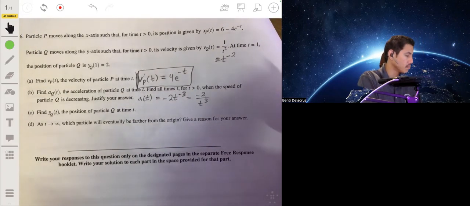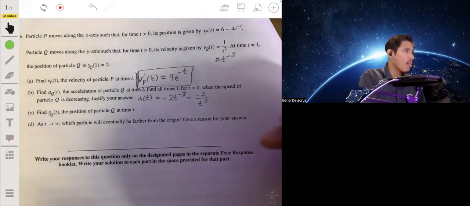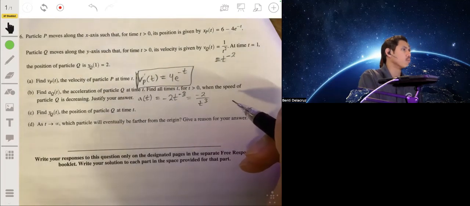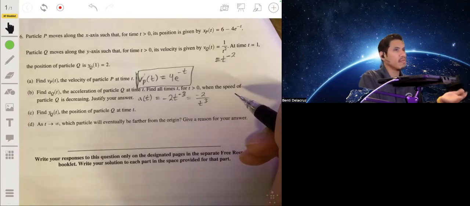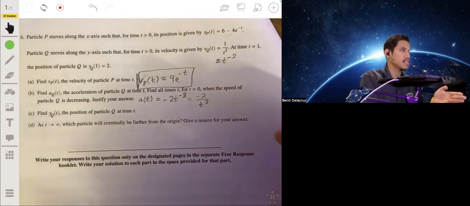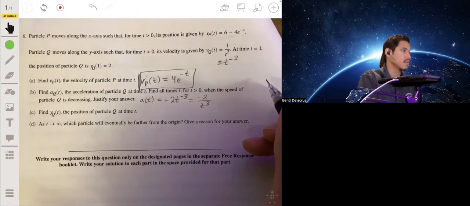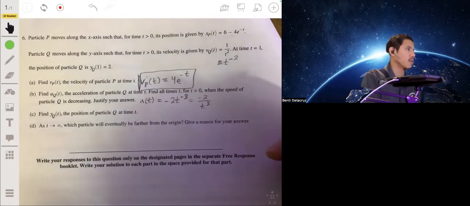Now, the way it works is that when velocity and acceleration have opposite signs, the particle is slowing down, and when they have the same sign, it is speeding up. So in other words, we just have to look at what's going on.